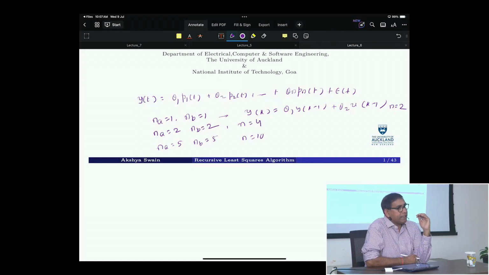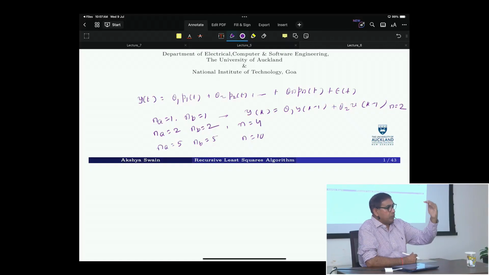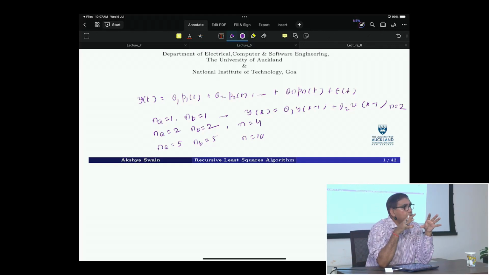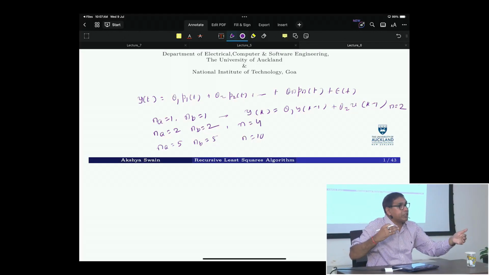In linear system identification, normally we gradually increase by trial and error, and we see which model fits perfectly. By increasing NA, NB from 1 to 2 or 1 to 10, the total number of possible parameters increases from 2 to 20.